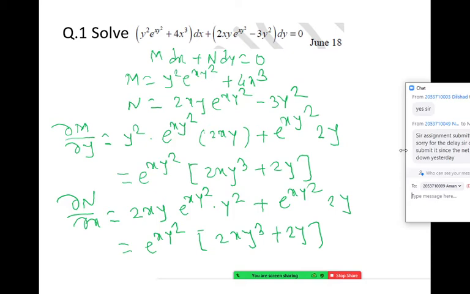So dou M by dou y is equal to dou N by dou x; we should say thus the equation is exact. So write up to here. Once you finish, tell me so that I will do the integration part, that is, the solution part.